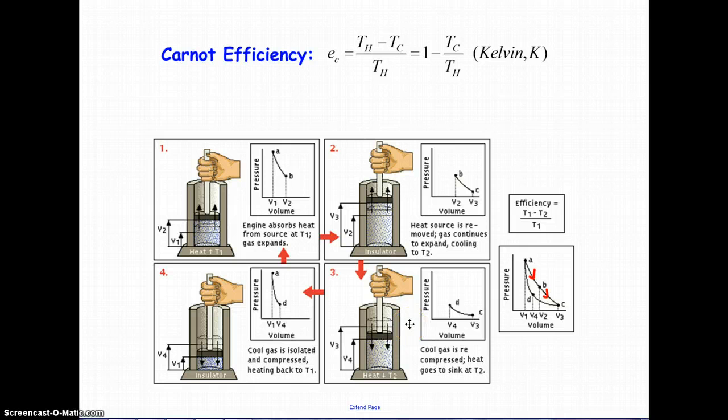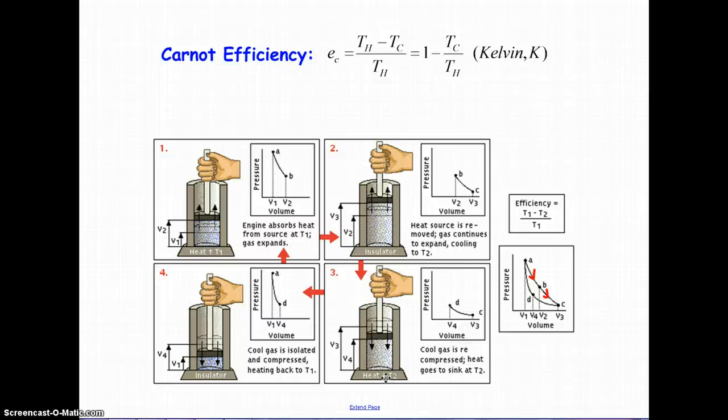Now step 3, the cool gas is recompressed from volume V3 to volume V4, and the heat goes to the sink at T2. In other words, what do they mean by heat goes to the sink? That heat is removed from that cylinder, from that container.